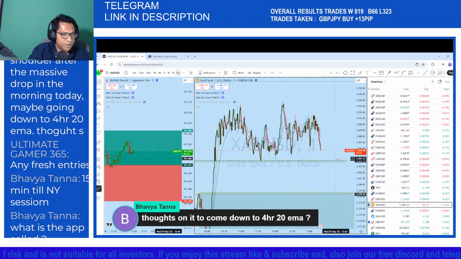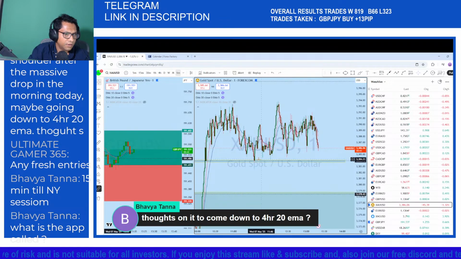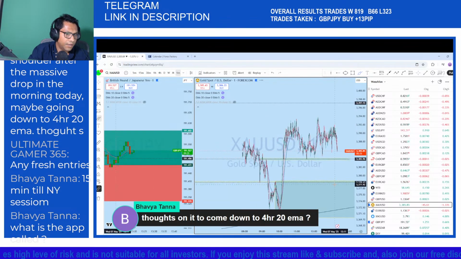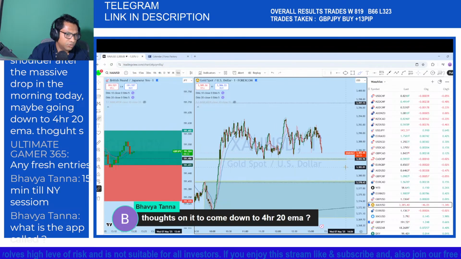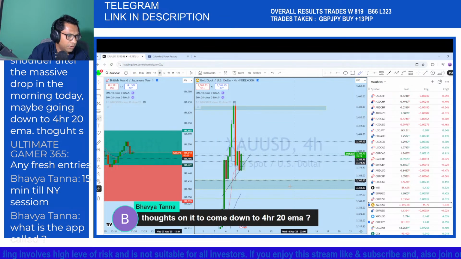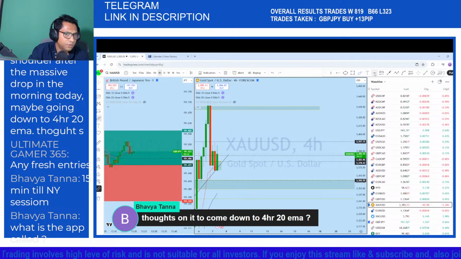Okay, we see that drop down coming from this support, could drop back below here, and that is what is needed to see in the market. If you look at the 4 hour, you can see it's almost at the 4 hour support.